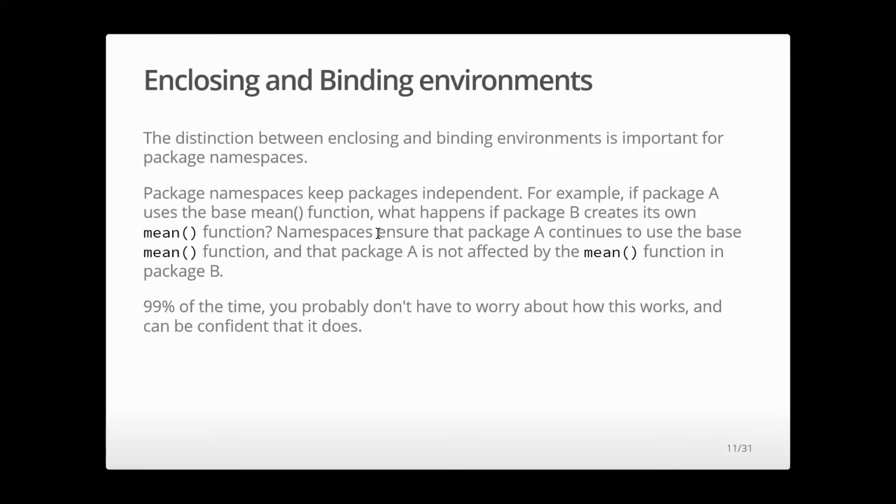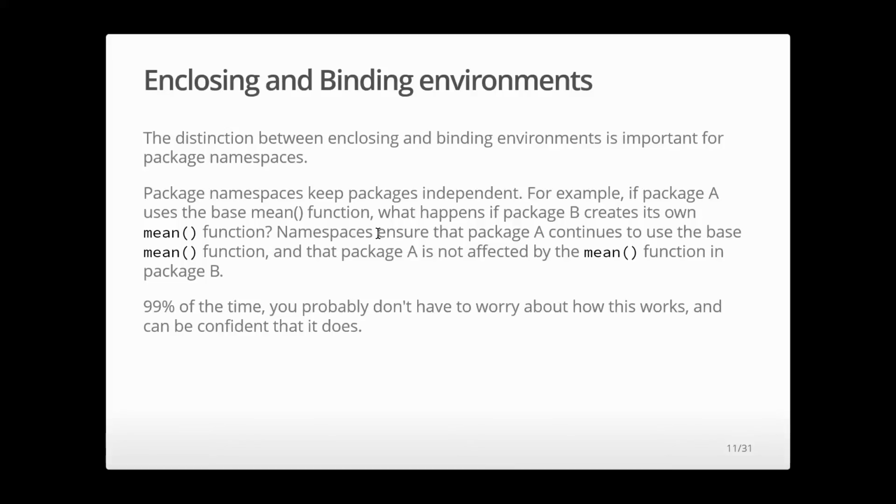If package A uses the mean function, which is part of base R, and over here you have package B, and for whatever reason package B creates its own mean function, the namespaces ensure that package A, if it ever uses the mean function, is using the original mean function and not the one that exists in package B.